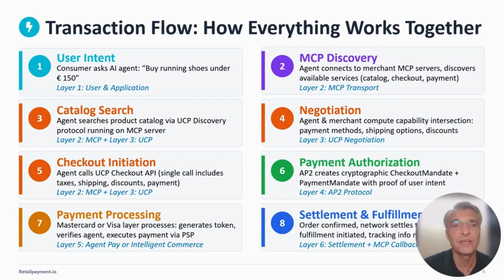So you will get a shipment, hopefully, at the end. And then the process is handed back to your application level through the MCP, and you get a notification on your application, either a chatbot or whatever platform you're using.